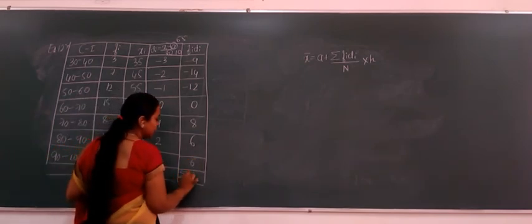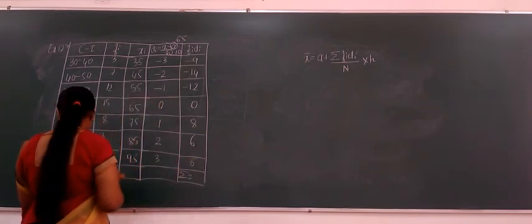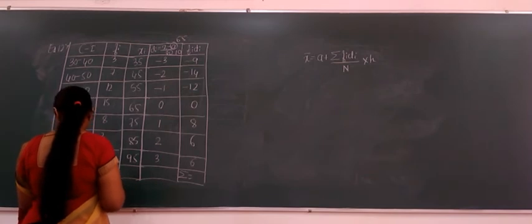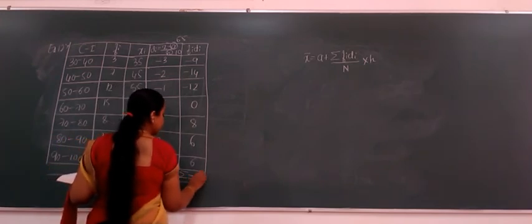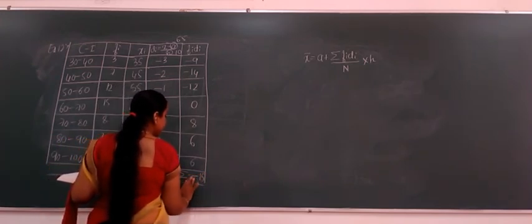And we want the total sum. So the total sum of fi into di turns out to be minus 15.